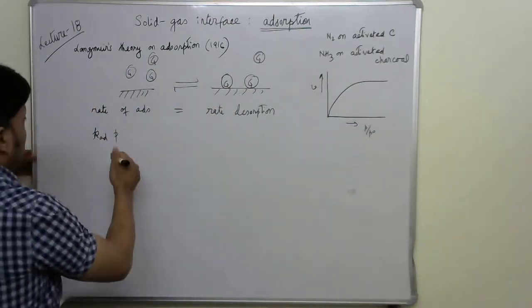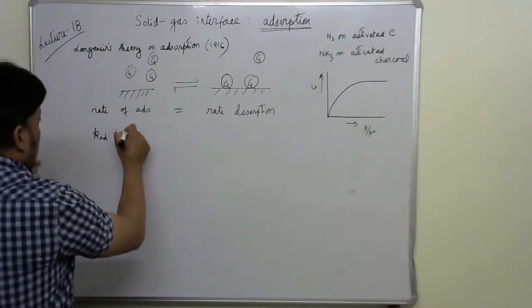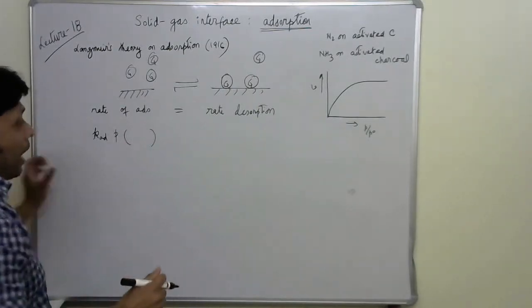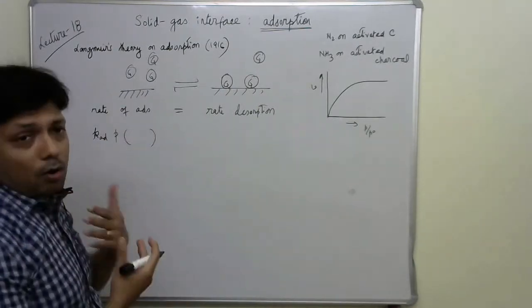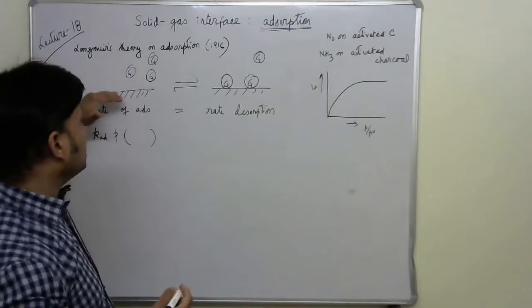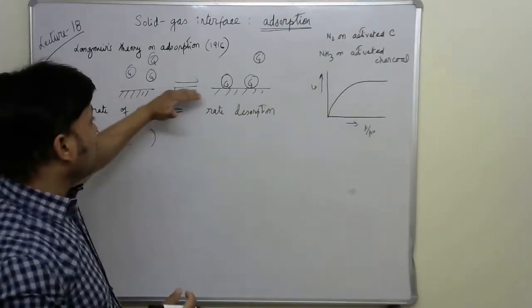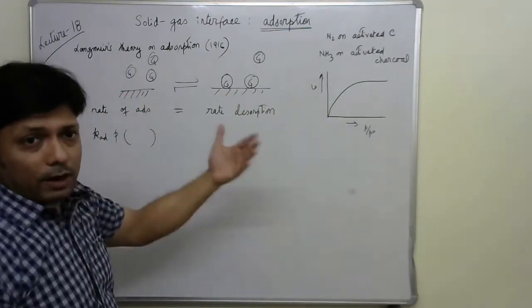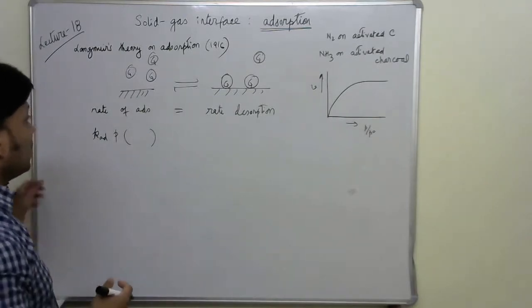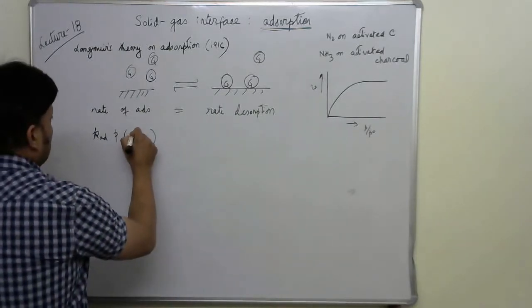And it is also dependent on the fraction of sites that are unoccupied on the surface. That means the more empty spaces there are, the faster the rate of adsorption will be. So the empty spaces are measured as a fraction.